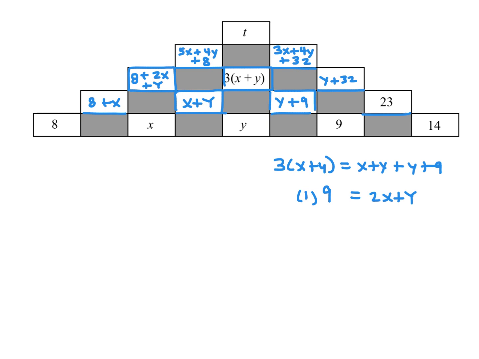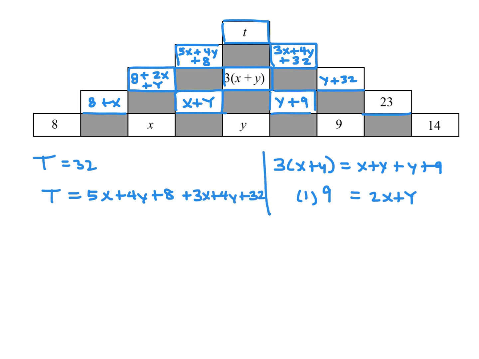Okay, what else can I do here? This t up top here, which is 32, by the way, since it's the answer to the previous question. Should I put it in right away or should I wait? I'll wait. It's this guy and this guy. So t will be 5x plus 4y plus 8 plus 3x plus 4y plus 32.